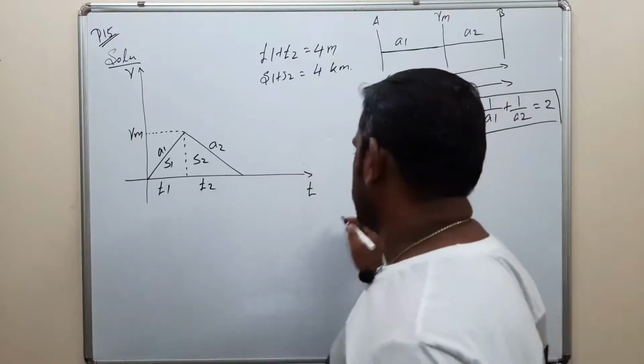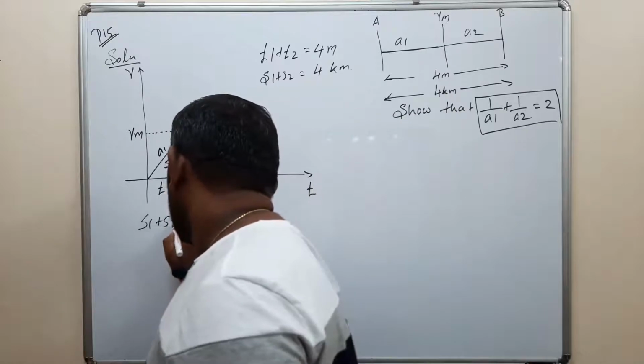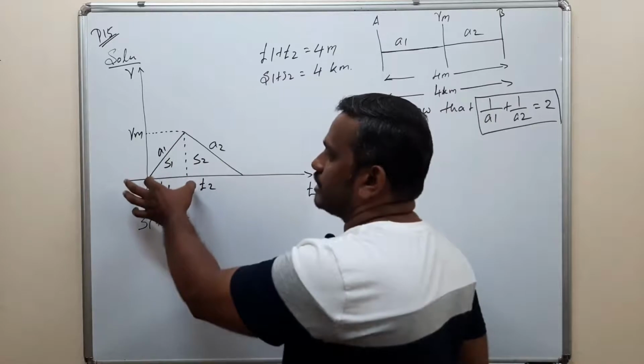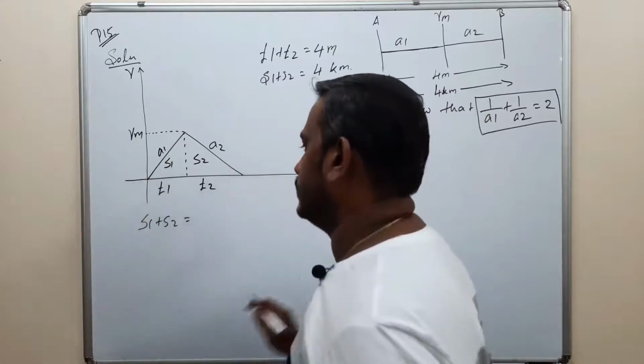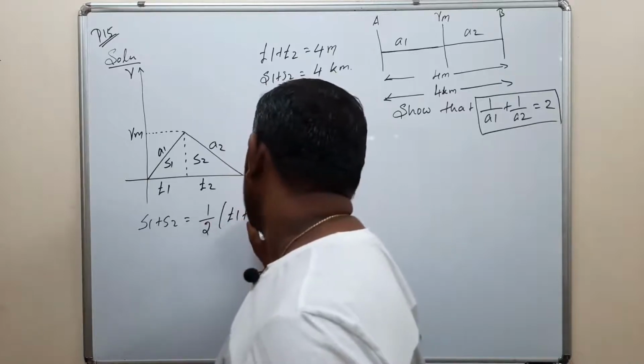So the total displacement or total distance traveled by the train is equal to half into Vm into T1 plus T2.